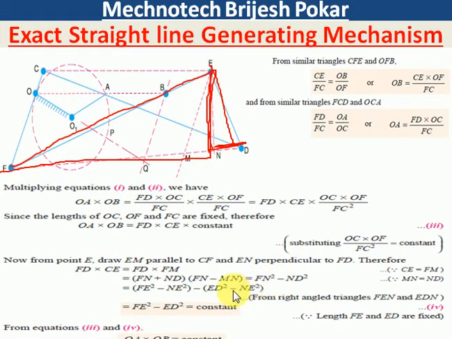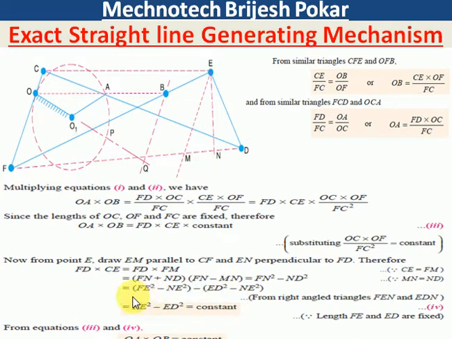So by using this right angle rule, the Pythagoras law, we have this equation. Finally NE is gone, and we have FE square minus ED square. Both of these links have a particular dimension and are fixed, so we can say this is a constant, okay.